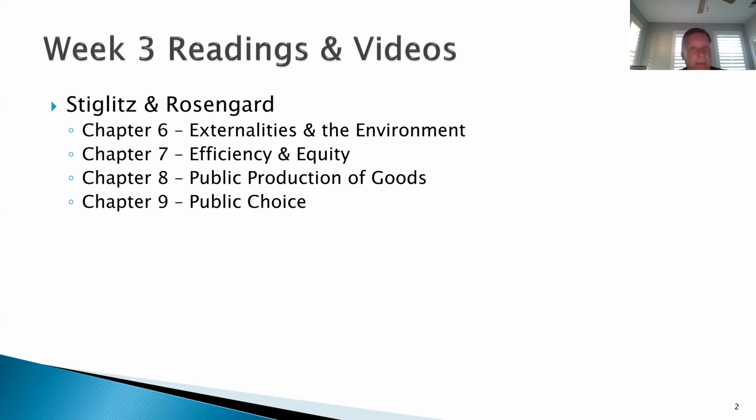What you ended up getting, especially in the 1970s and the 1980s in a lot of Rust Belt cities, is people voting with their feet. People who lived in these large cities were unhappy with the bundle of goods and services they were getting. They were unhappy with crime. They were unhappy with the quality of the public schools.